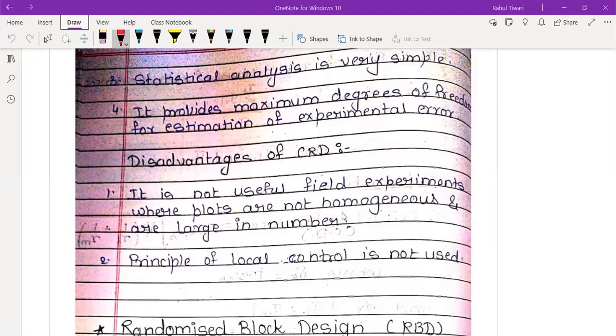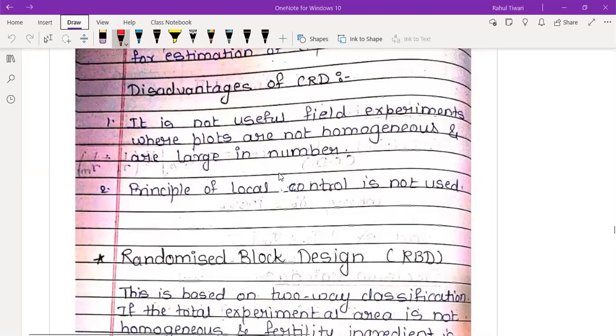And the principle of local control is not used. So here we didn't use this principle, which was given by R.A. Fisher. So this is one of the disadvantages of CRD. Just try to understand how each thing is useful for you.